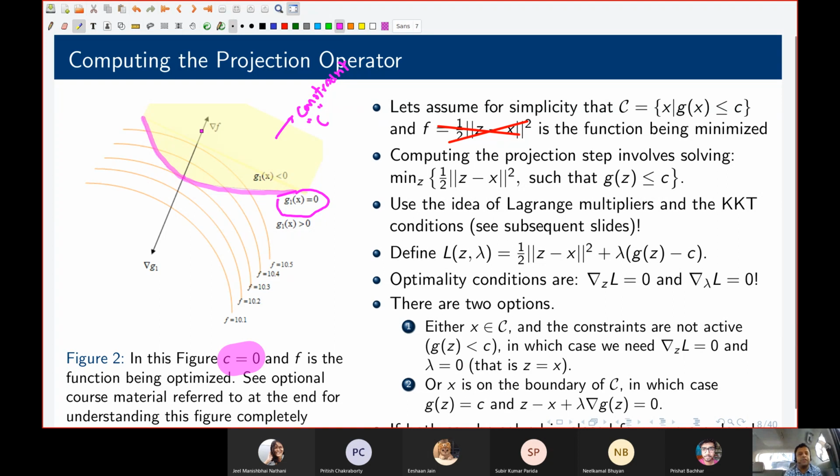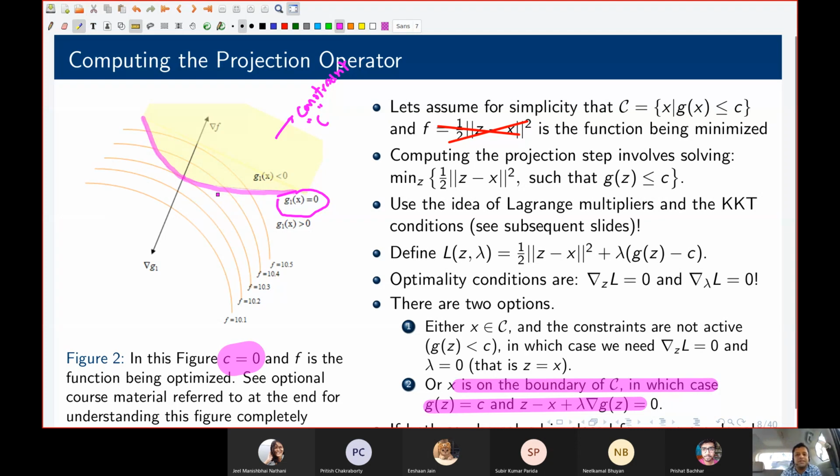So x is on the boundary of C, in which case g(z) equals C and x minus z plus lambda times the gradient of g(z) equals 0, which basically means that x minus z and lambda gradient g(z) are in the same direction. And this is the proximal idea. This is how the proximal projection is being computed, but this can be done for any function f.